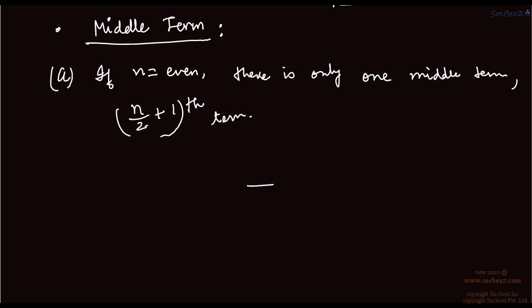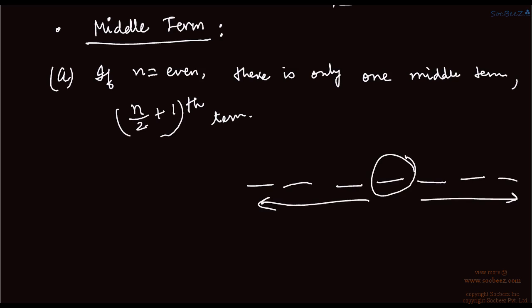Now you can see that if you have 7 terms, 1, 2, 3, 4, 5, 6 and 7, then three on each side go and you have a middle term, which will be the 4th. If you have an odd number of terms, you can easily identify it. But if you have an even number of terms, how will you identify it? Then you identify it as the third term. There is only one middle term.